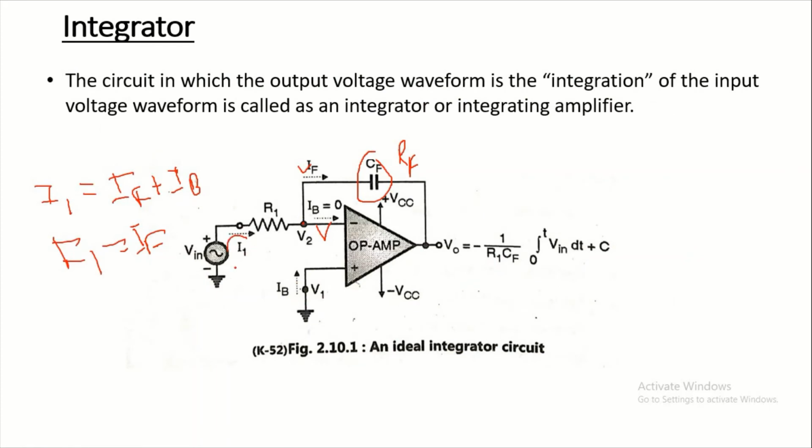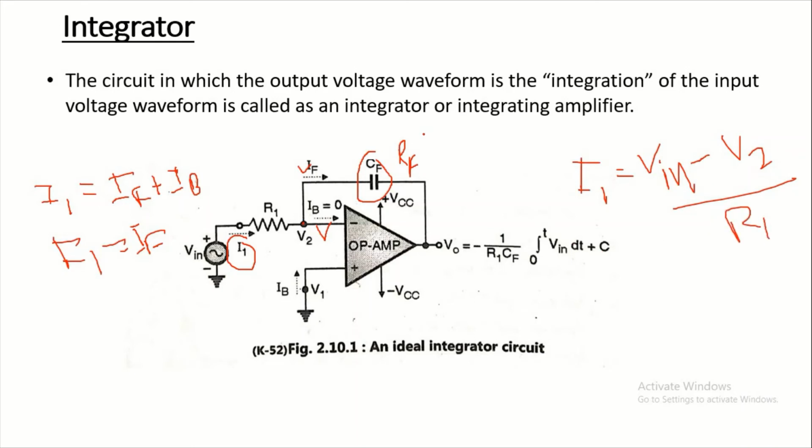Here, we have to write the equation for this current I1. So I1 is a current flowing between two potentials VIN and V2, and the resistance between these 2 points is R1. So the equation of I1 can be written as VIN minus V2 divided by R1.